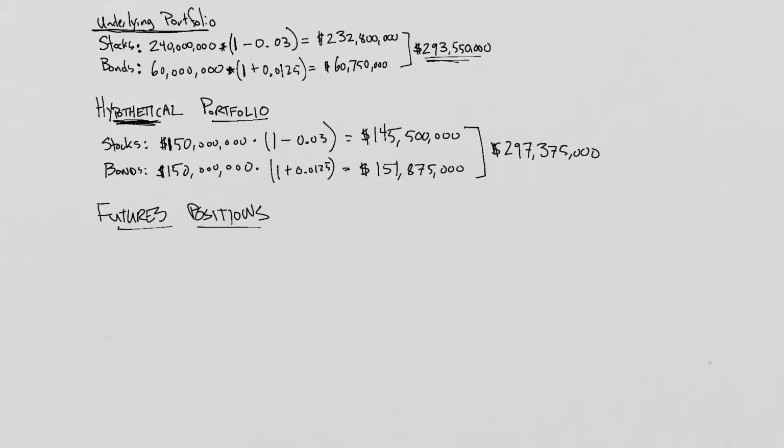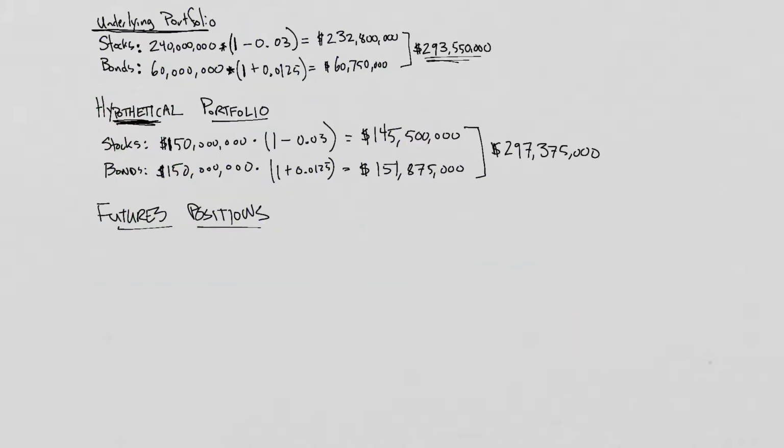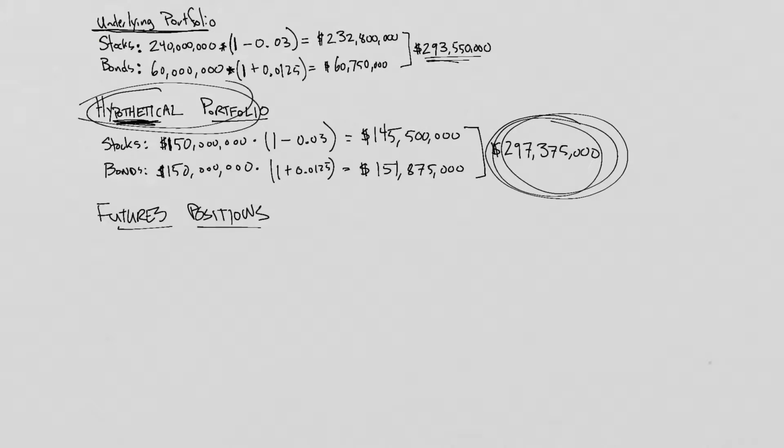And if you recall, we went through this exercise of calculating precisely how many futures we would need in order to do that. Let's see if this synthetic construction would actually get us the same effect as if we had bought and sold the underlying to reach this hypothetical portfolio.